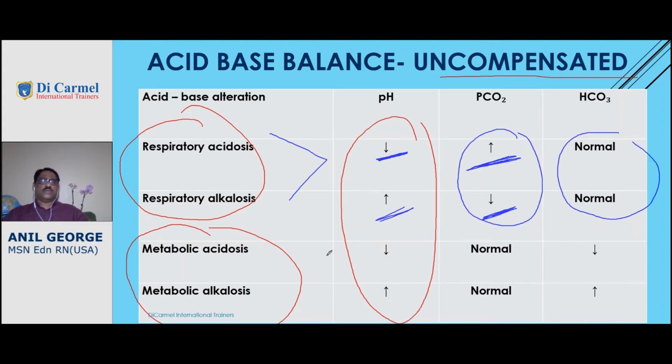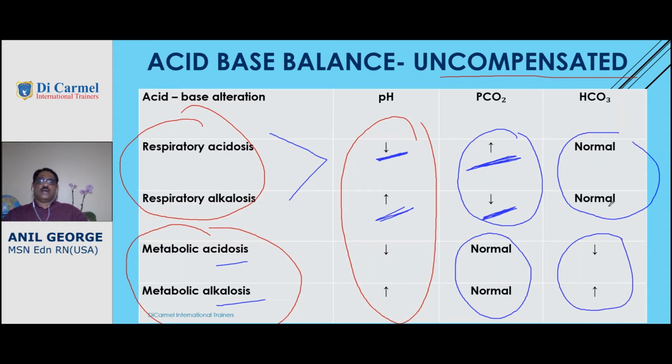And when we go to the metabolic mechanism, whether it's acidosis or alkalosis, what do you see here? If the problem is metabolic, we are considering the carbon dioxide level to be normal. We don't worry about the CO2 part, unless it starts to compensate. The part we are concerned with is the bicarbonate value.